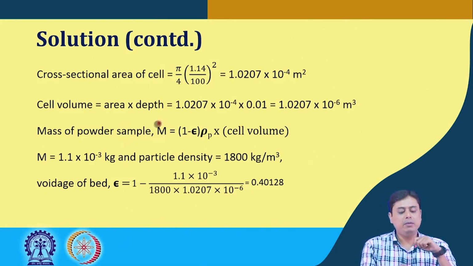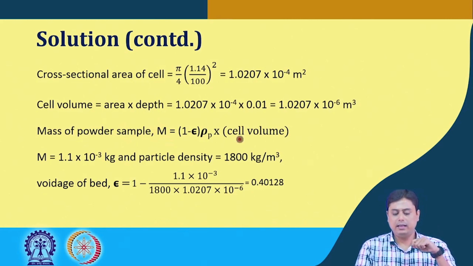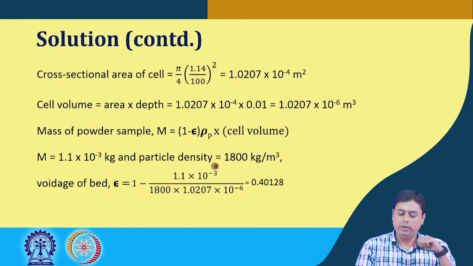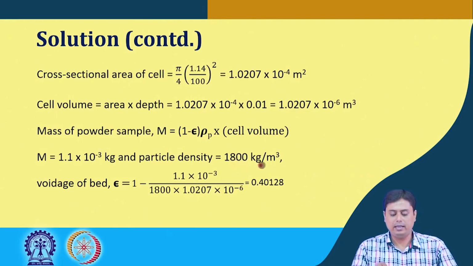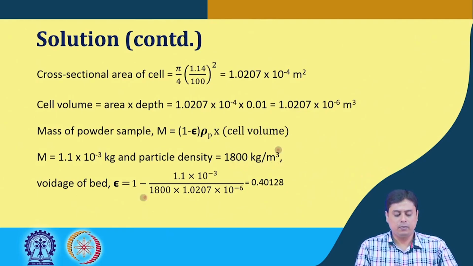So, now here m is known, cell volume is known, rho is given. So, you can easily find out what is the voidage of the bed. Clear? We just numerically replace all these parameters, where m is 1.1 into 10 to the power minus 3, density of the particle powdery material is given as 1800 kg per meter cube.